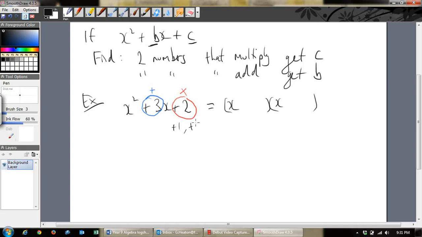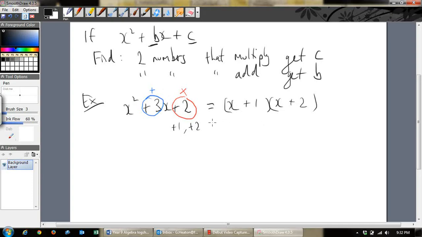Positive 1 and positive 2, when we add those two numbers together, we get positive 3. So these are the two numbers that solve this little problem. All you do to factorize this is write those two numbers in, positive 1 and positive 2. And that's it, we've factorized it.